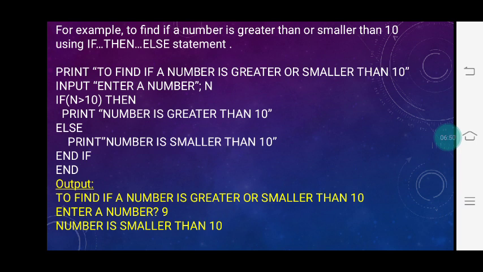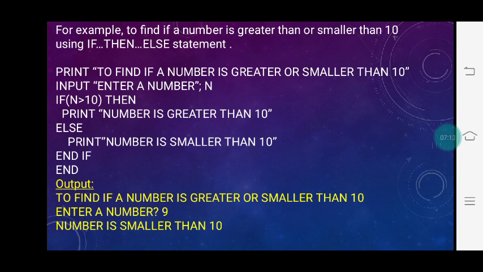If the value of n is greater than 10, then you will get the result like number is greater than 10. So here we take the number 9. The user gives 9. Fine. So is 9 greater than 10? No, it is not greater than 10.